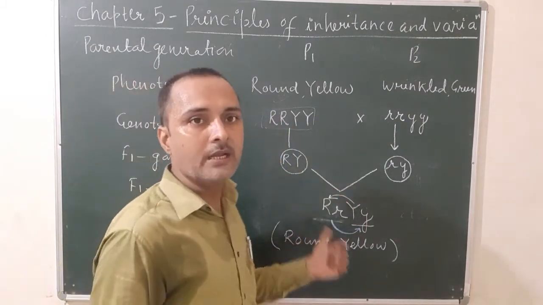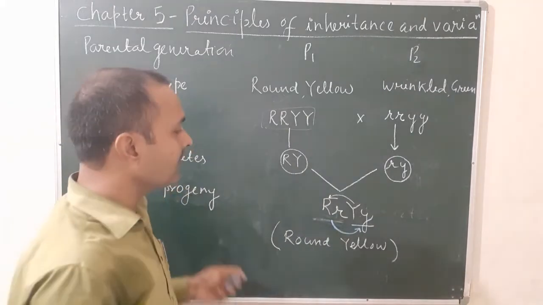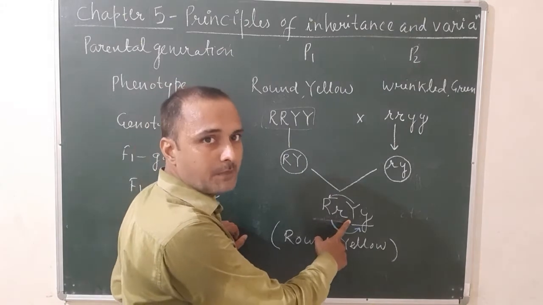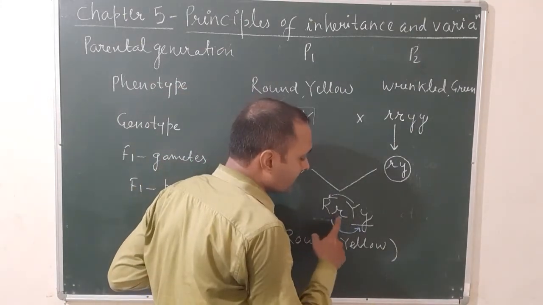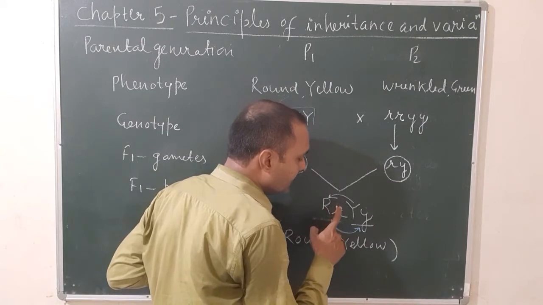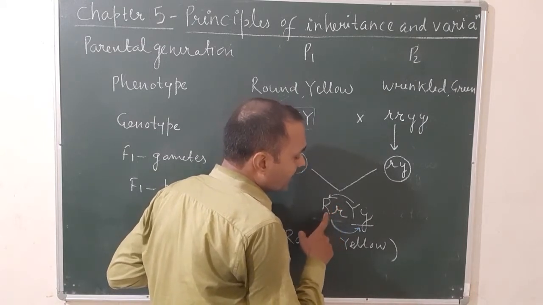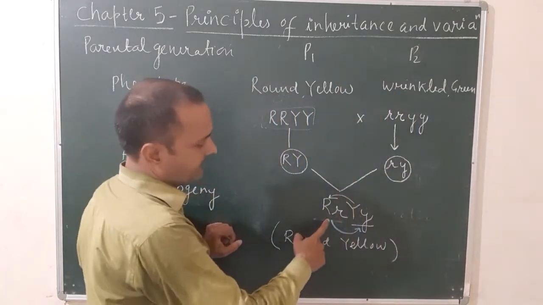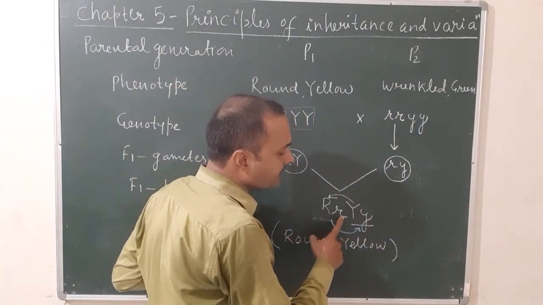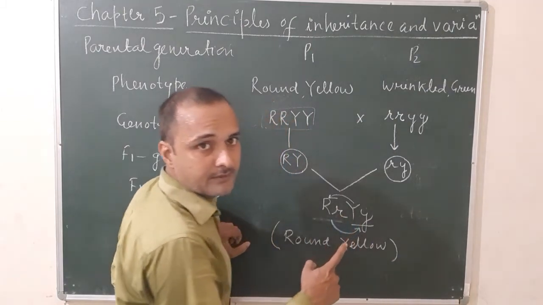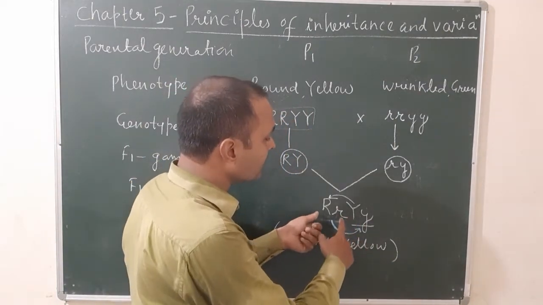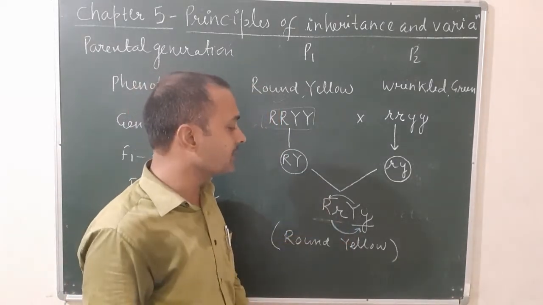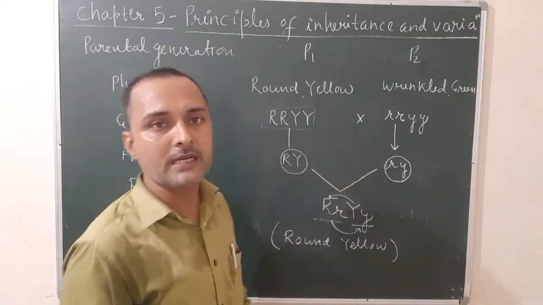So when we recall the law of independent assortment, we find that when two pairs of traits occur in a hybrid, during gamete formation, segregation of one pair of characters, that is round, capital R, and small r is wrinkled, is independent of the other pair of characters. When there is no independent segregation, only 2 types of gametes are produced. But when independent segregation takes place, 4 types of gametes are produced. So this is the law of independent assortment.